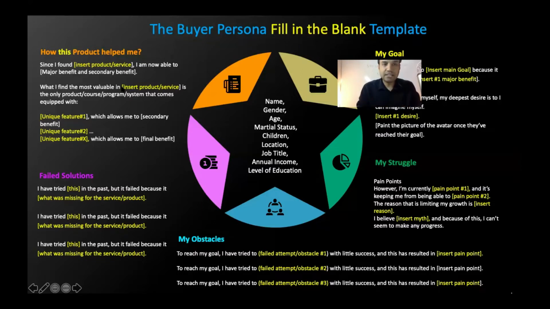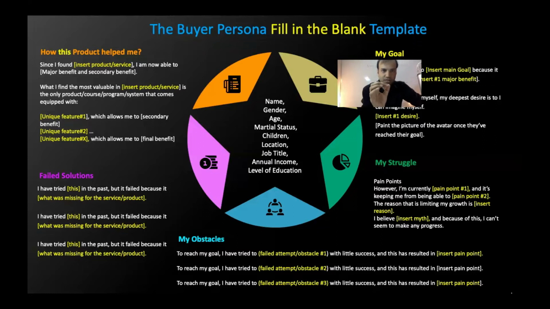Now this is the last section. This is your product analysis, or it's about your product. How has this product, meaning your product, right, helped me? So think with respect to that prospect.